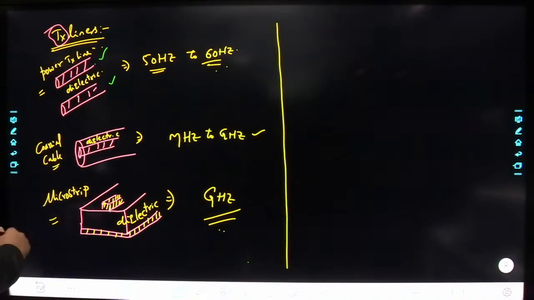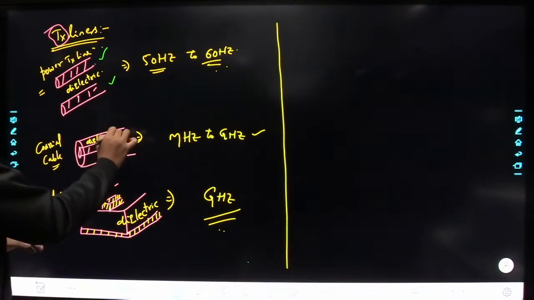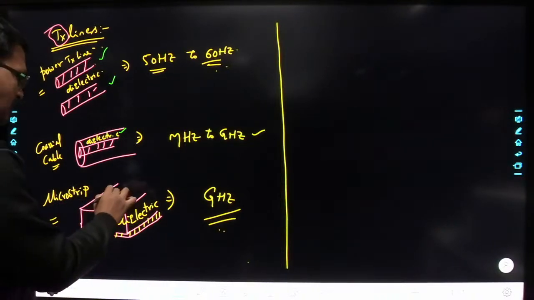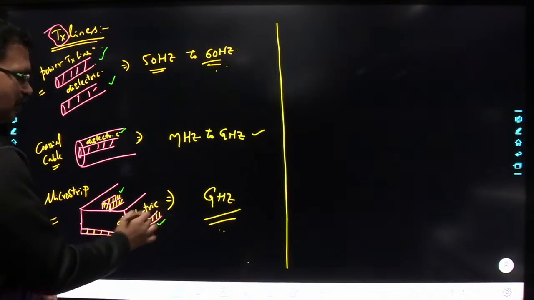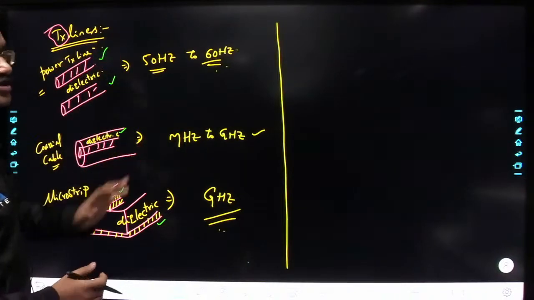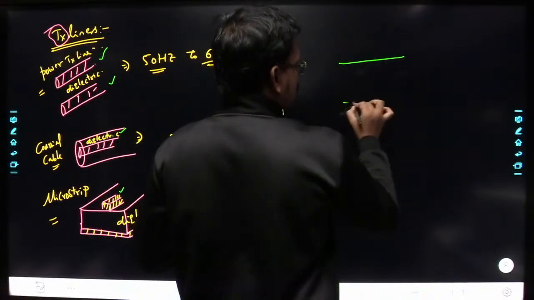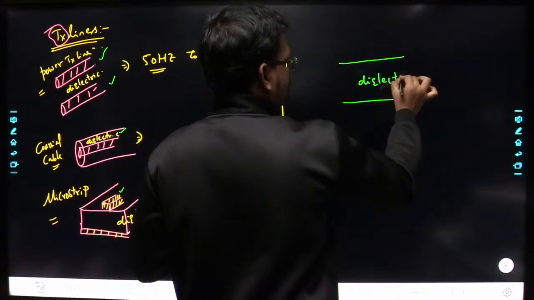In the coaxial cable you have a conducting region, and outside also a conducting region, with a dielectric region in between. In the microstrip line you have conducting regions with a dielectric region between them. So the common characteristic is two conductors separated by some dielectric medium.